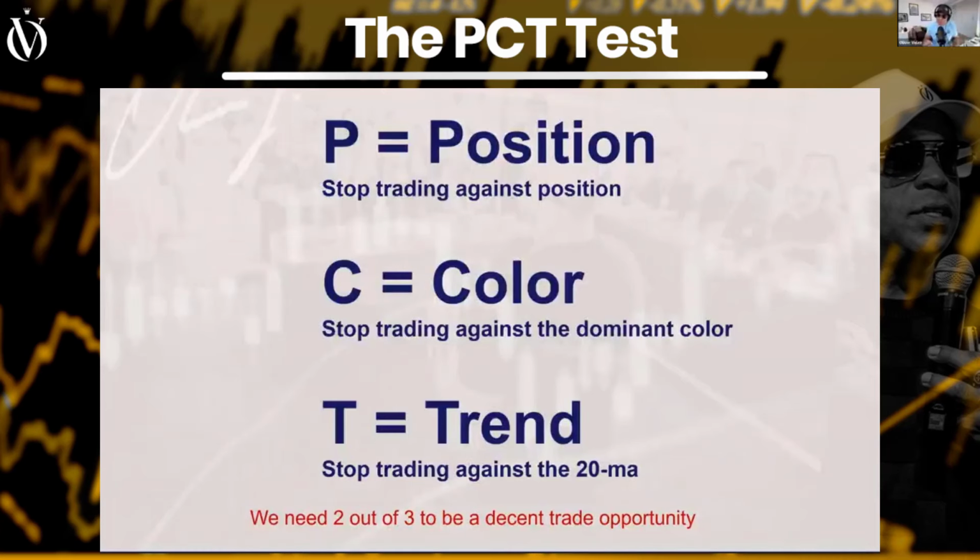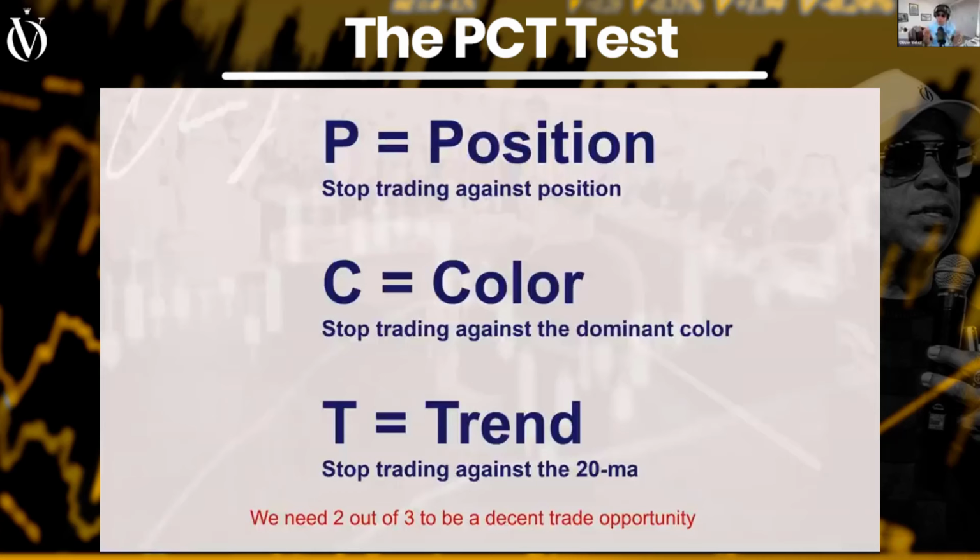So how do we determine what the prevailing trend is? It's simple. The 20-period moving average reveals the trend. If the 20-period moving average is rising, the trend's up. If the 20-period moving average is declining, the trend is down, period. Now, remember, we know what position is. Position is above or below the two moving averages.